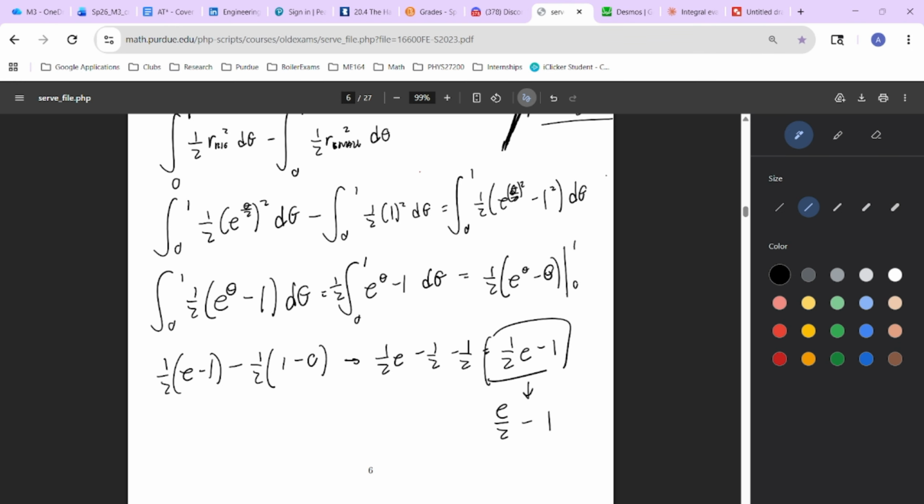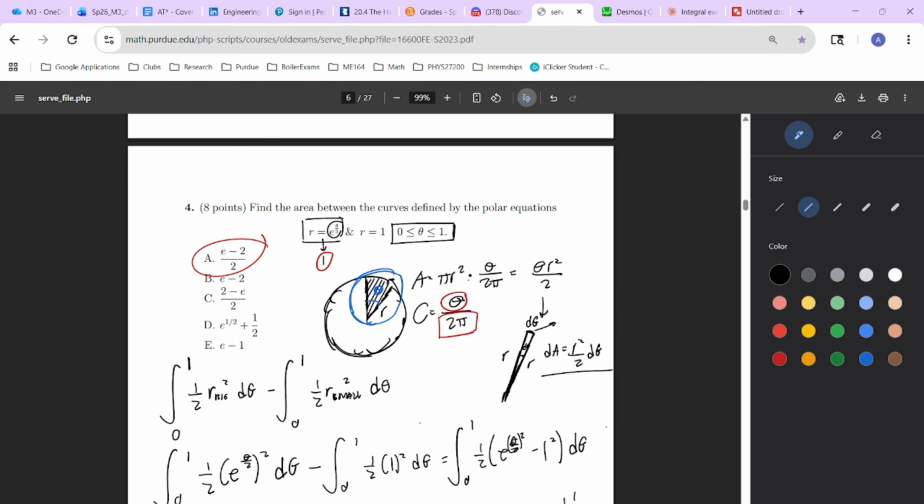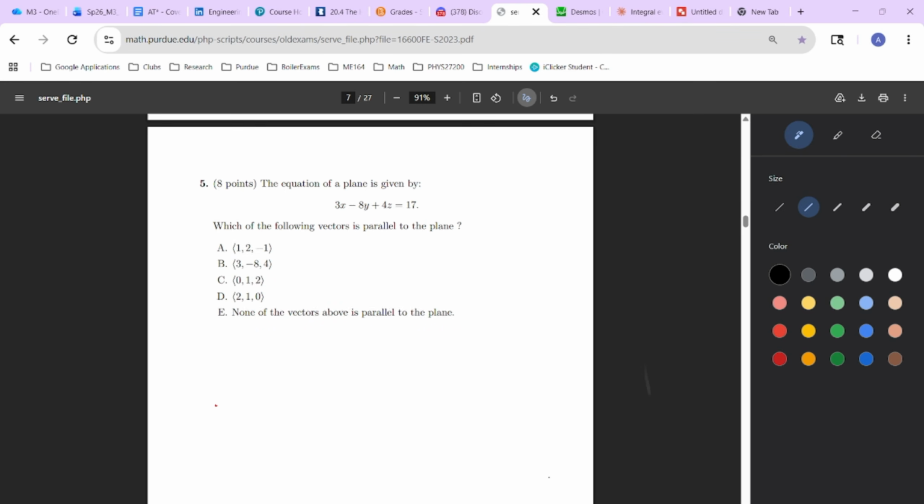Sorry, e divided by 2 minus 1. But 1 can be rewritten as 2 over 2. You have e minus 2, and then both of those are over 2. That becomes e minus 2 over 2. So thus, the equation is solved. Question 4 is complete.